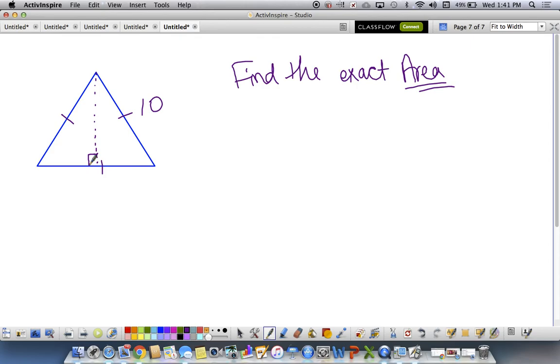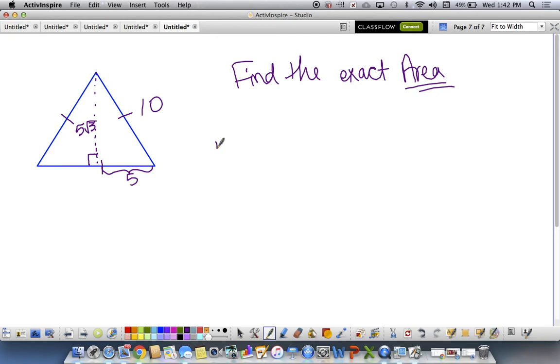But can you find the height? 5 root 3. Because you know that this is 5, because it's half of an equilateral triangle, which makes it 30, 60, 90. The short side is 5, so the height has to be 5 root 3.